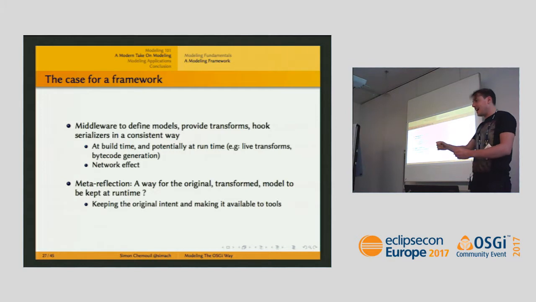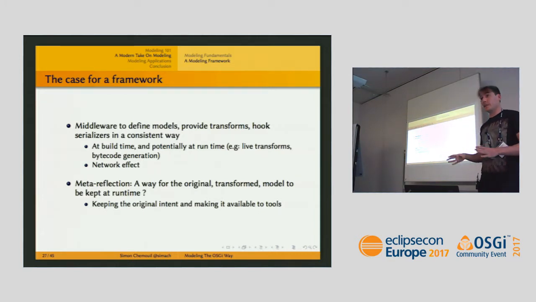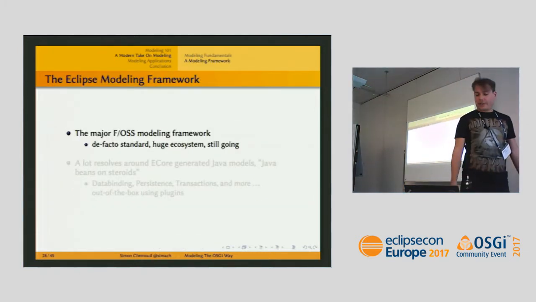So maybe I can ask the framework, by the way, can you give me information of how this thing was in the first place, so I can have a higher level overview of how things are, and maybe have a diagram. It's difficult to have a diagram from Java code, but maybe it's easy to have a diagram for a domain-specific model.